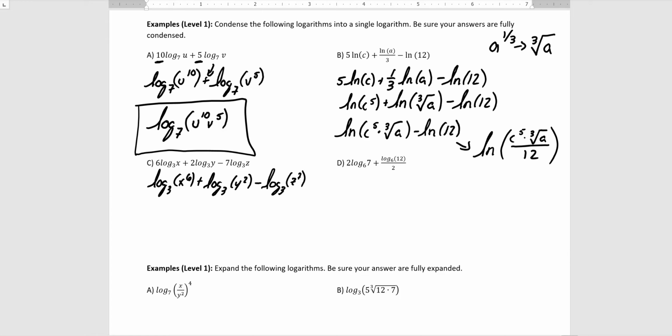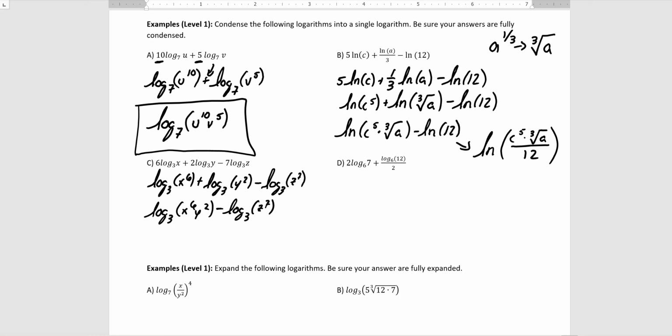And now from here, we're kind of similar to letter B. I'm adding together these, so I'm going to multiply in the argument. So log base 3 of x to the 6th y squared minus log base 3 of z to the 7th. If that kind of looks like a z, doesn't it? There we go.